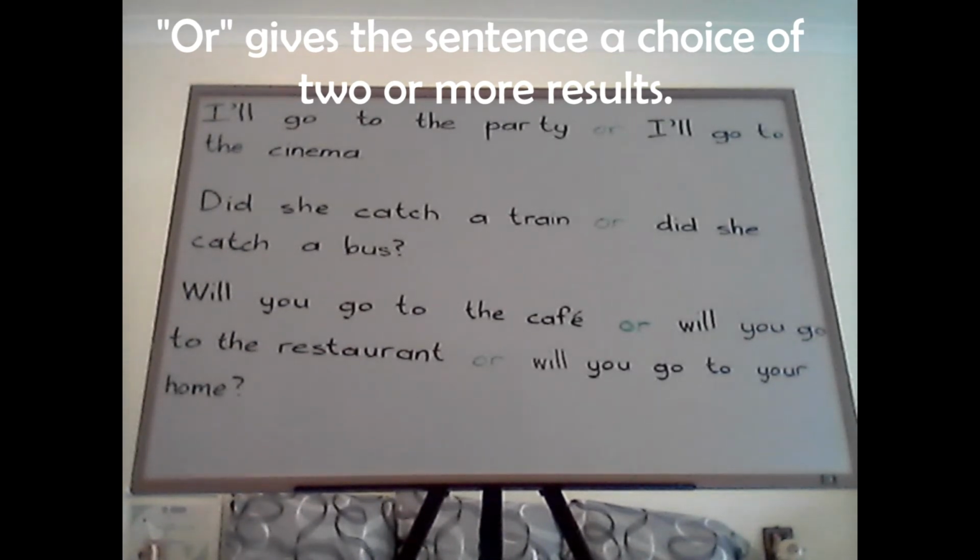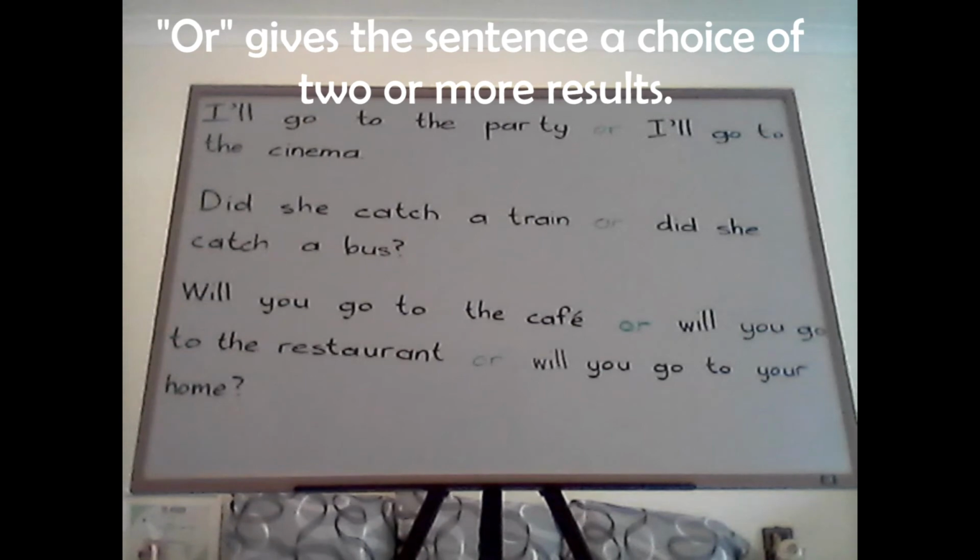Did she catch a train, or did she catch a bus? Again, there are two possible ways for the idea to run. Will you go to the cafe, or will you go to the restaurant, or will you go to your home? Here there are three possible ways.